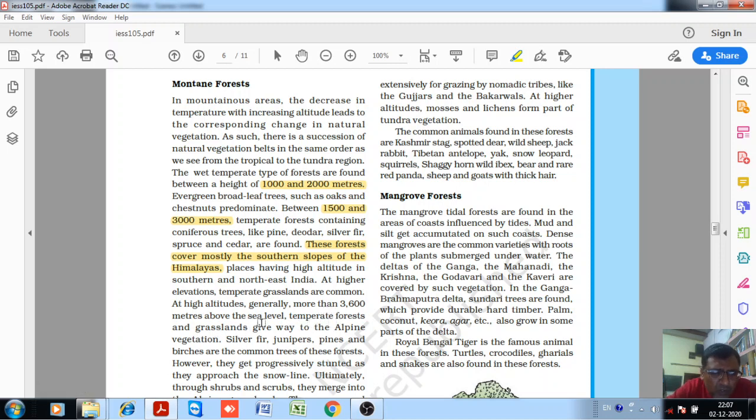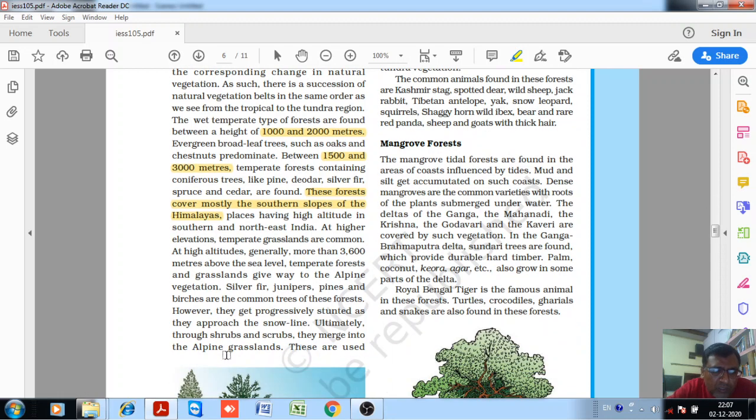So at the high altitudes, more than 3000 or 3600 meters, temperate forests and grasslands give way to the alpine vegetation, and those are very common in silver fir and junipers, pines and birches. And after that they get progressively stunted as they approach the snow line.